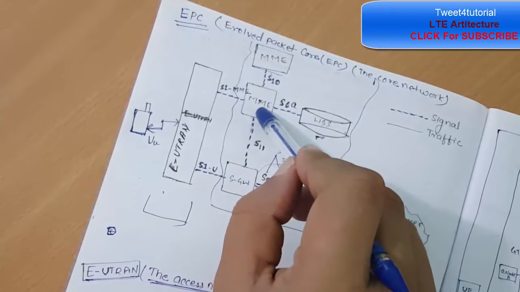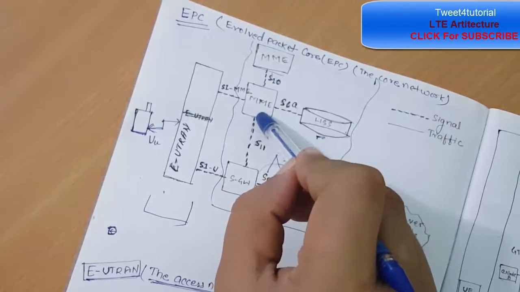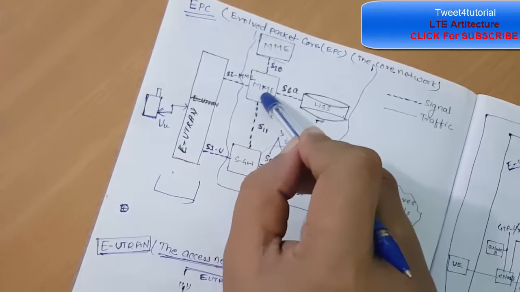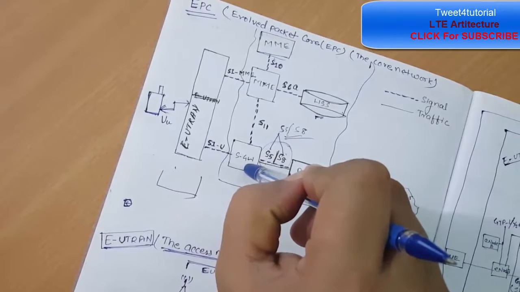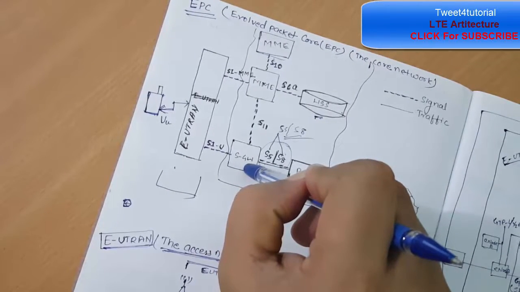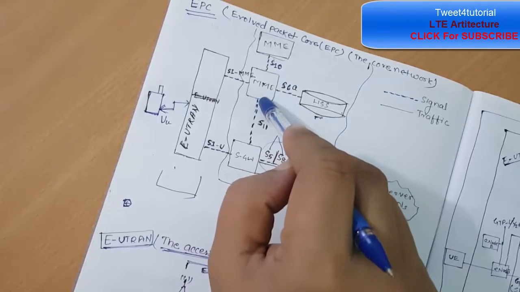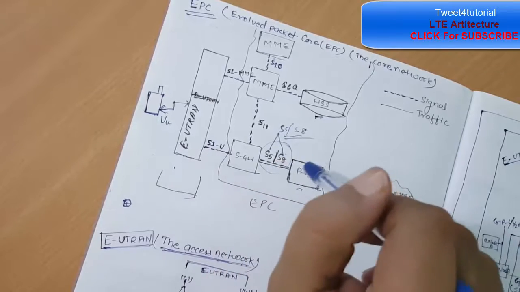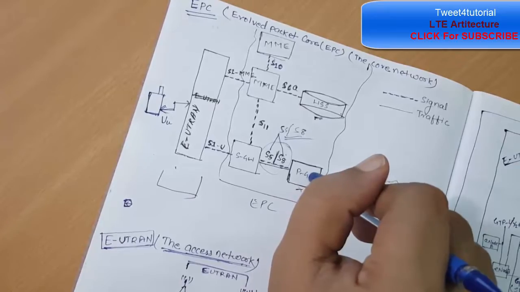The MME is responsible for NAS security, idle state mobility handling, and EPS bearer control. These are the three important facilities: NAS security, idle state mobility handling, and EPS bearer control. And the serving gateway is responsible for mobility anchoring, and the PDN gateway is responsible for UE IP address allocation and packet filtering.